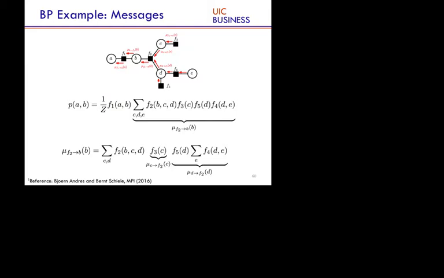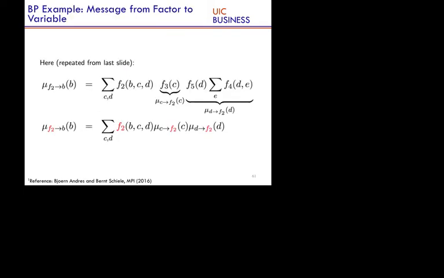I can go back and compute P of A comma B. In the sense, if you see, P of A comma B is just a product of F1 times a message that was received from F2 to B, and the message from F2 to B, we know what it was.